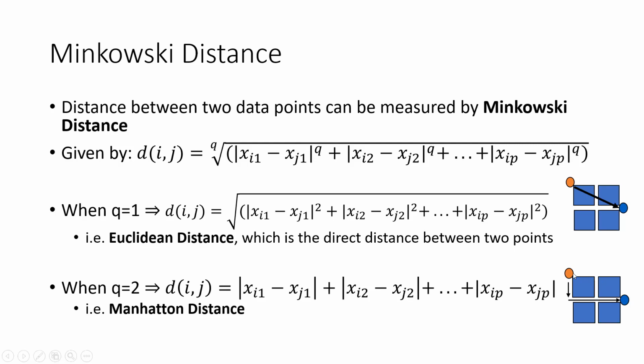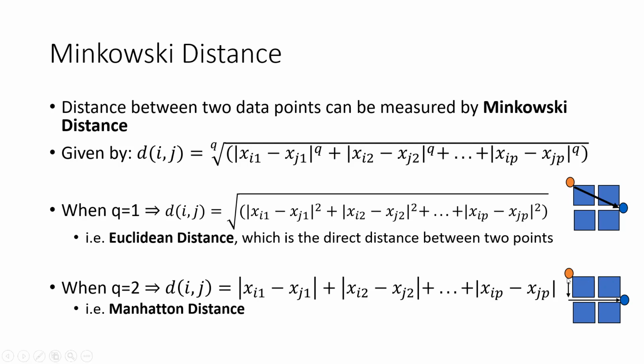So if you want to find the distance between these two data points, in this case of two-dimensional space, you have to take each of the data points as situated in a highly populated city like Manhattan, right?